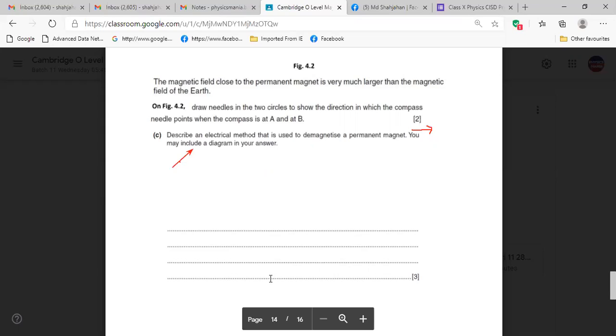Yes. So do it, please. I wrote: place the permanent magnet in the solenoid of an AC current and remove it slowly from it. Very good.